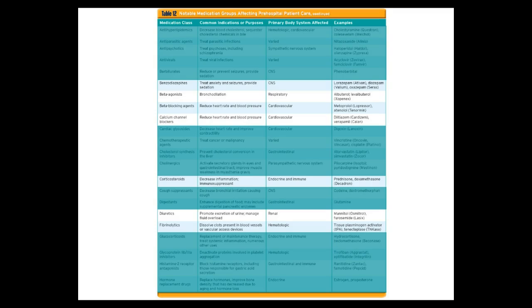One more on this chart to at least be familiar with is the histamine 2 receptor antagonist. It's the second box from the bottom. That includes Pepcid and Zantac. A lot of folks are being prescribed this prophylactically.